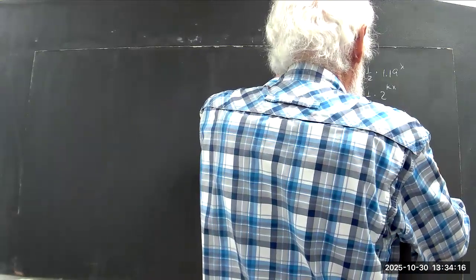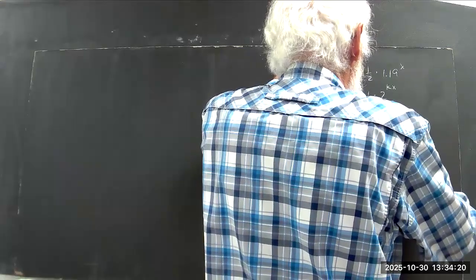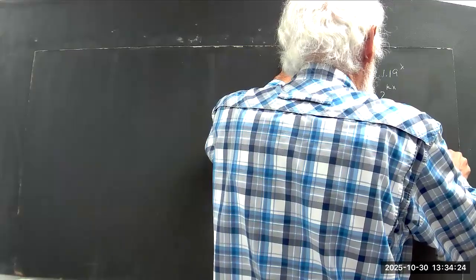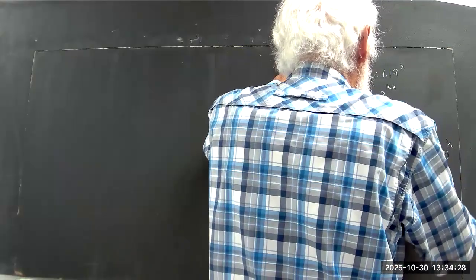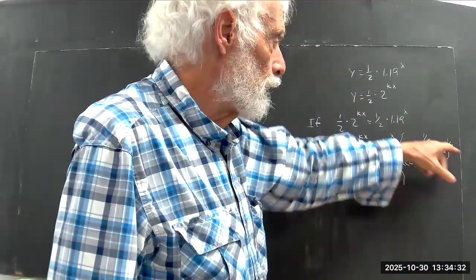Now your formal algebraic step would be to take both sides here to the 1 over x power.